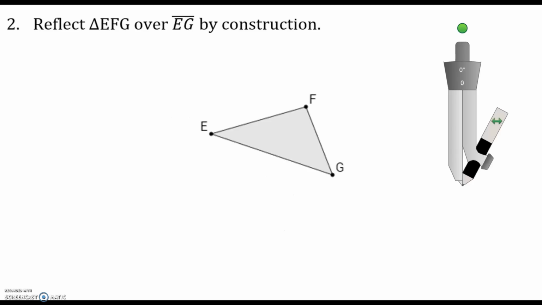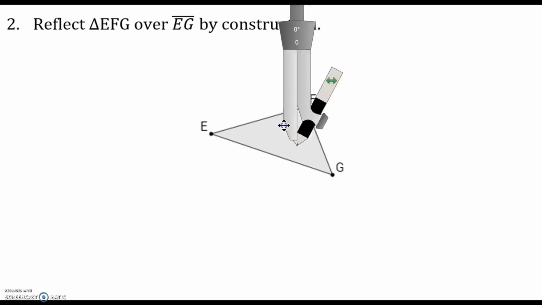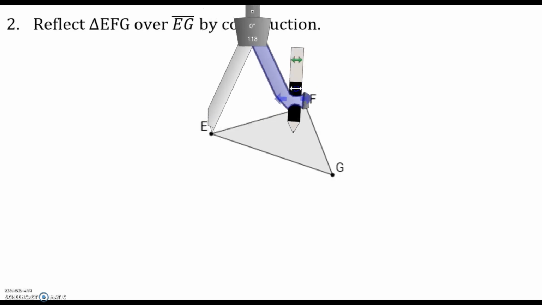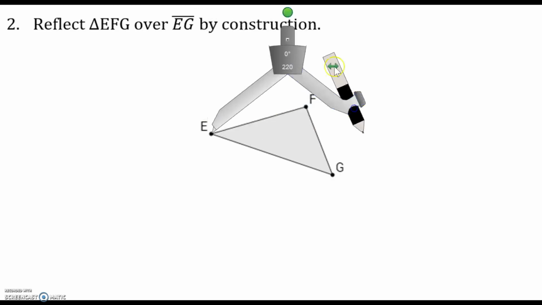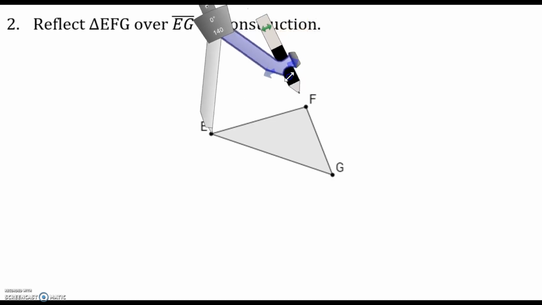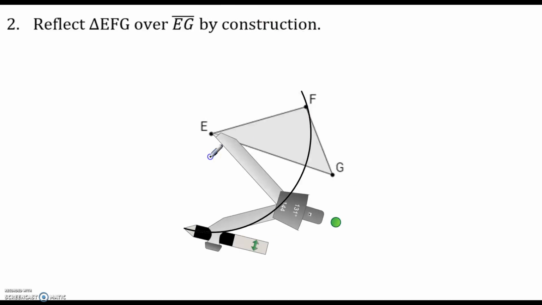Same thing for this triangle. We're going to reflect over EG, so both E and G will remain fixed, and all we have to do is measure point F and reflect point F over. So we're going to measure from E to F, and swing it around.